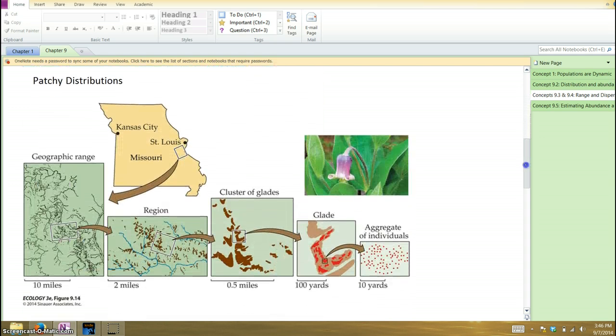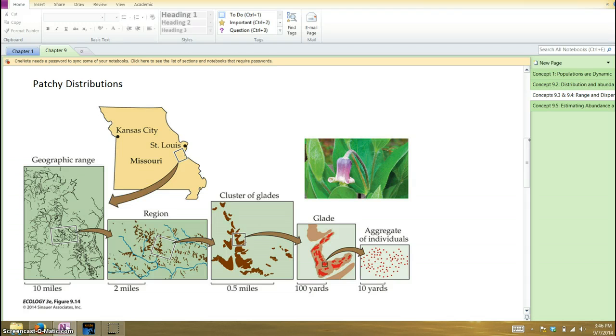So we talked about earlier, of course, populations can have very patchy distributions sometimes. This image is of a particular species of plant called clematis, and it likes particular habitats.